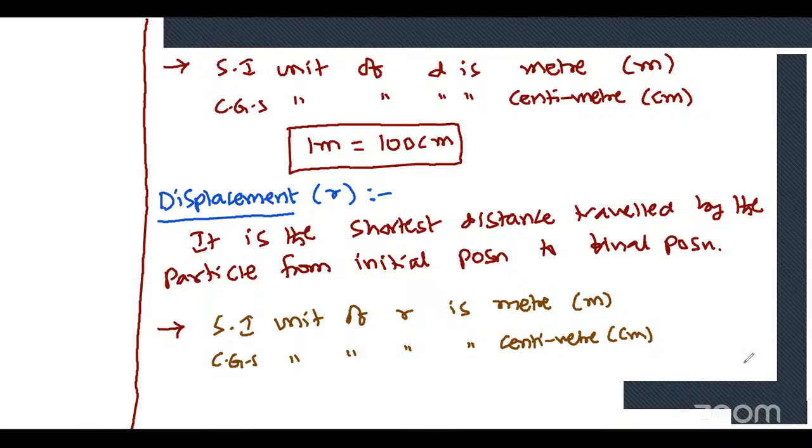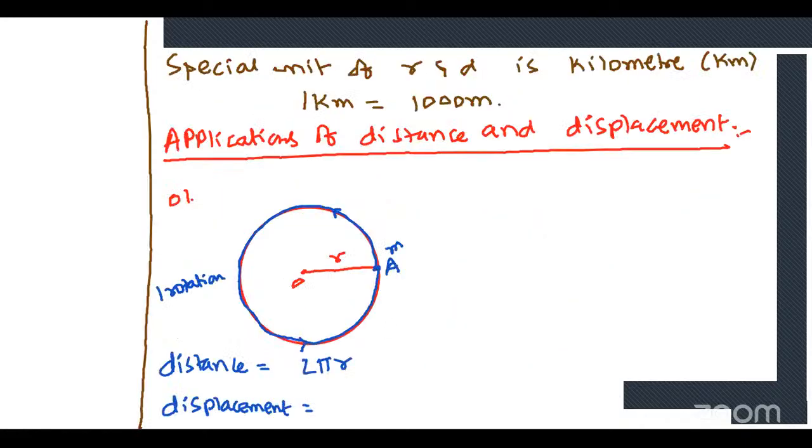Now, in this case, initial position and final position are the same. So displacement will be 0, since initial position equals final position.